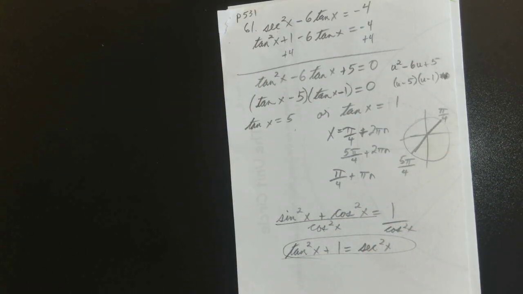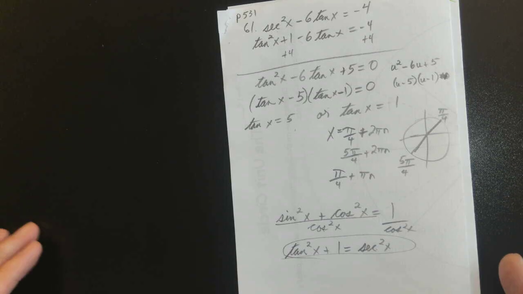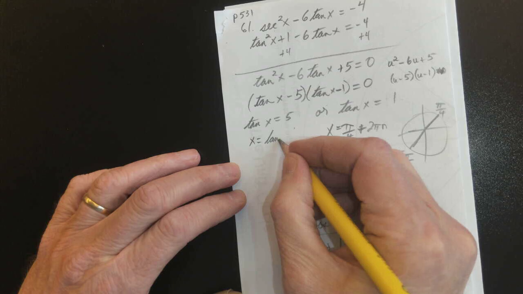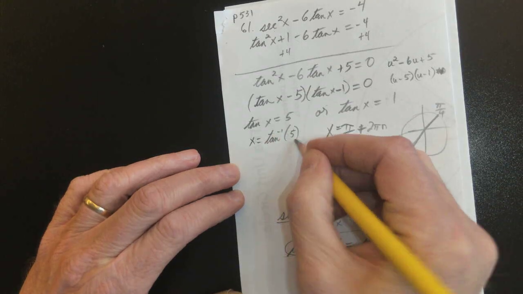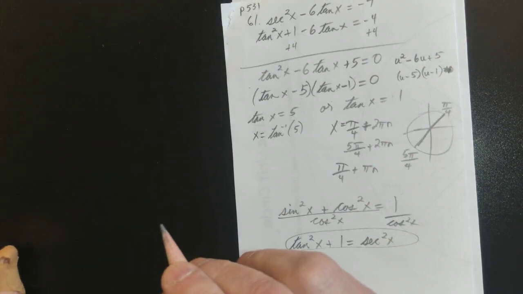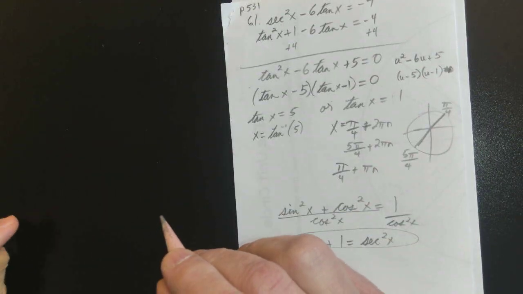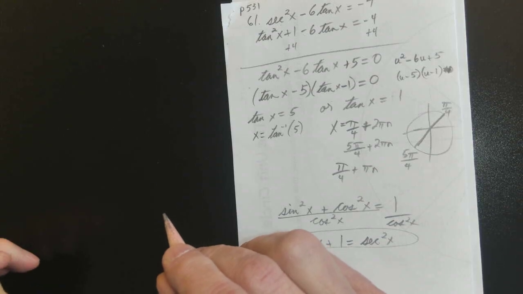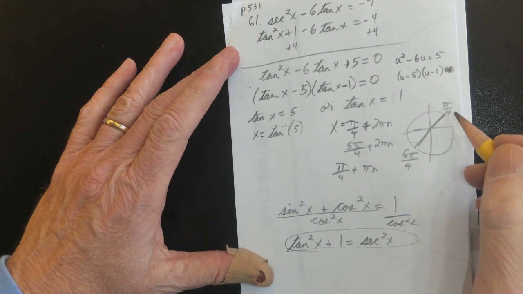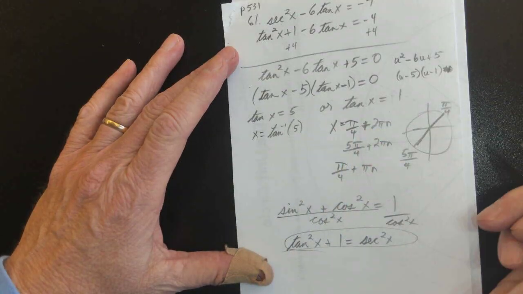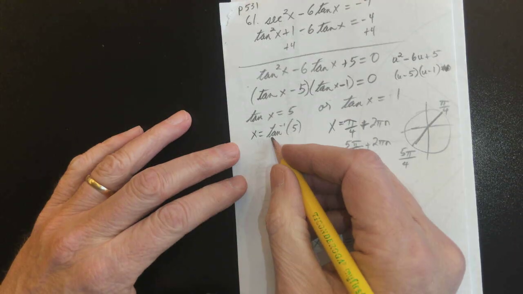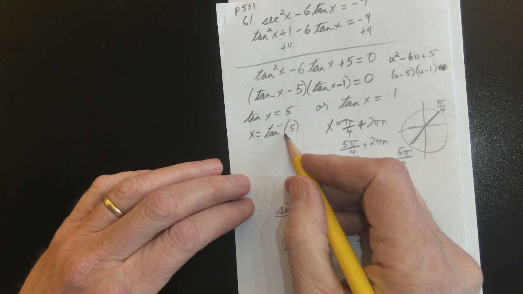All right, now tangent of x equals 5. X would be the inverse tangent of 5, or arctan of 5. If we want exact, we'd have to kind of stop here.